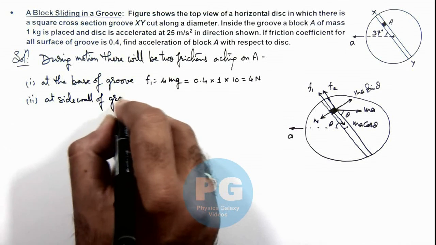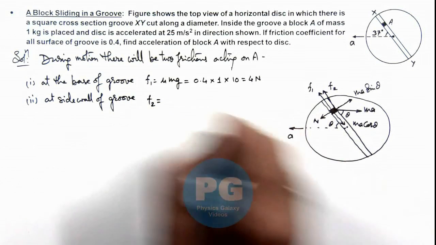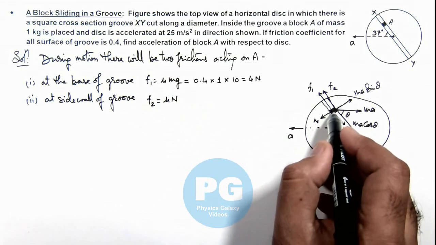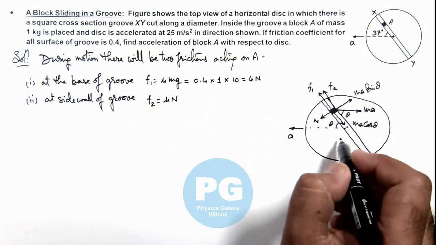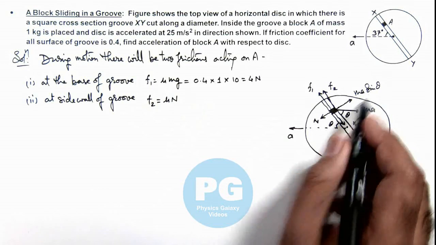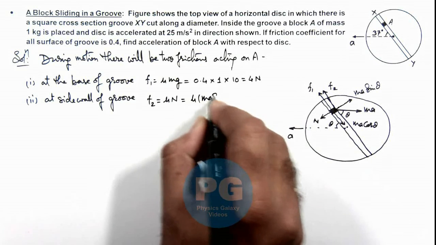of the groove, which is F2, and this value will be mu N, and the normal reaction on the side wall with respect to the disc will be equal to MA sin theta. So this will be mu times MA sin theta.